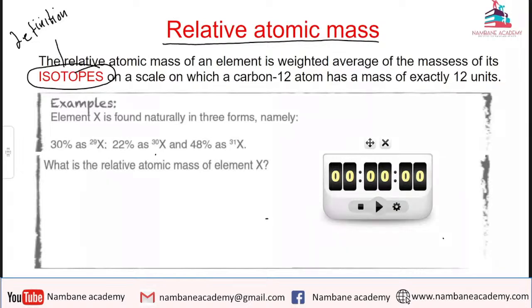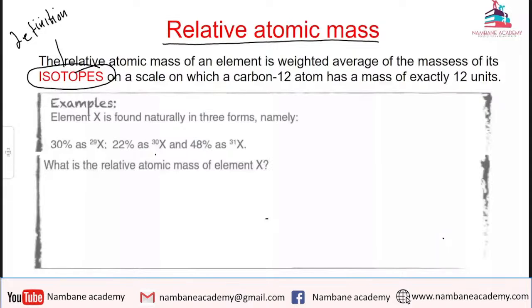Ladies and gentlemen, thank you very much. Let's start with a definition. Thank you for all the answers received.